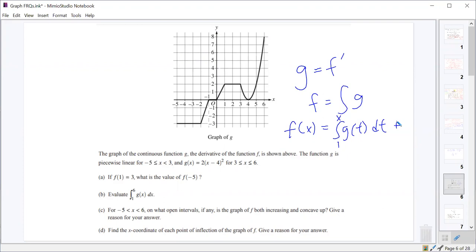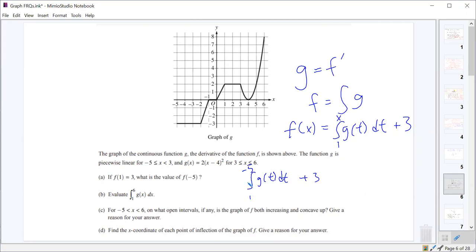Plus 3, exactly. Because this way, when I plug in 1, the integral from 1 to 1 of g is 0. I add the 3 to it, that gives me the 3 that I'm looking for. Does that make sense to everybody? Okay. So we want the value of f of -5. f of -5 ought to be the integral from 1 to -5 of g plus 3. How are we going to find the integral from 1 to -5?